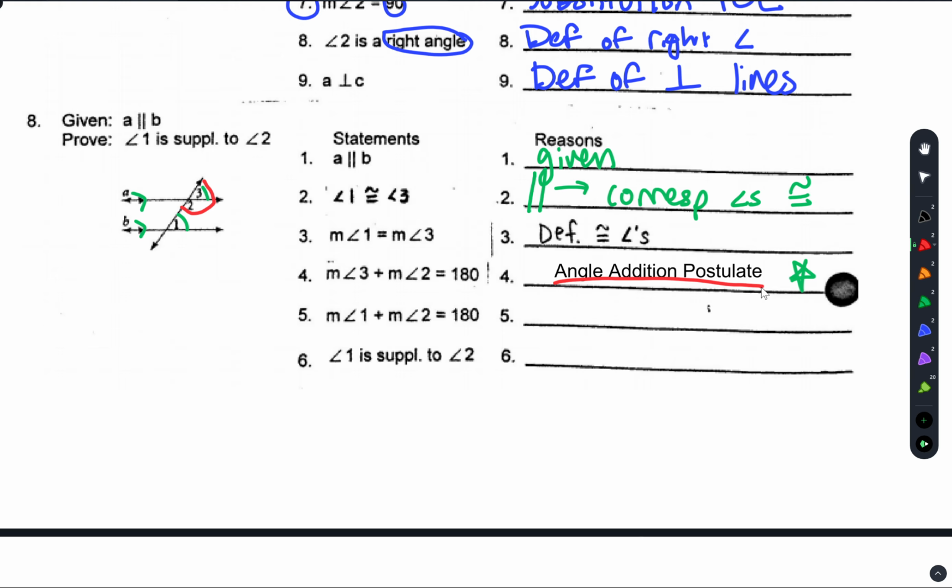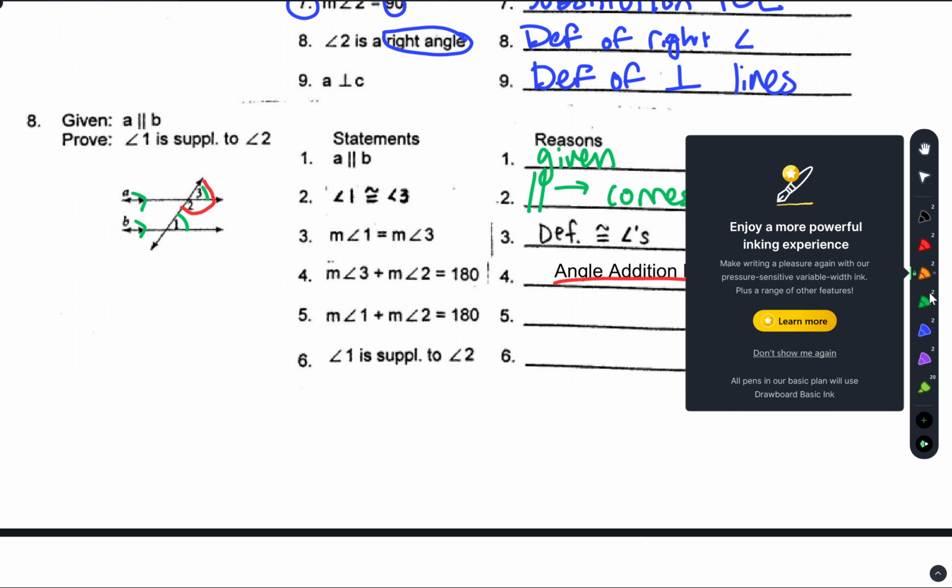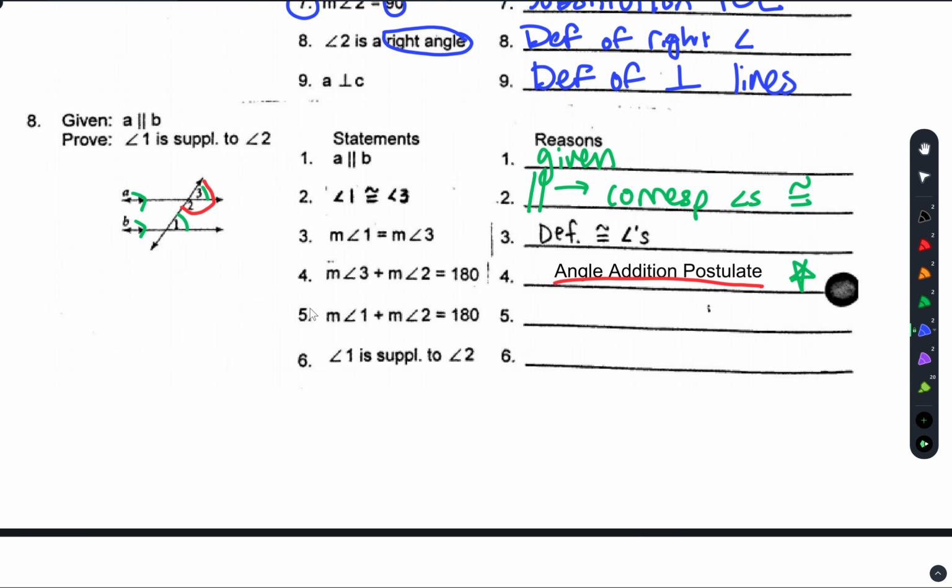We already said that one. Casper? Yeah, substitution is better because, take a look, hold on. Let me highlight it. In step 5, we're taking the statement from step 4 and we're plugging in angle 1 for angle 3. So I like substitution. I think that is better than same side interior angles.